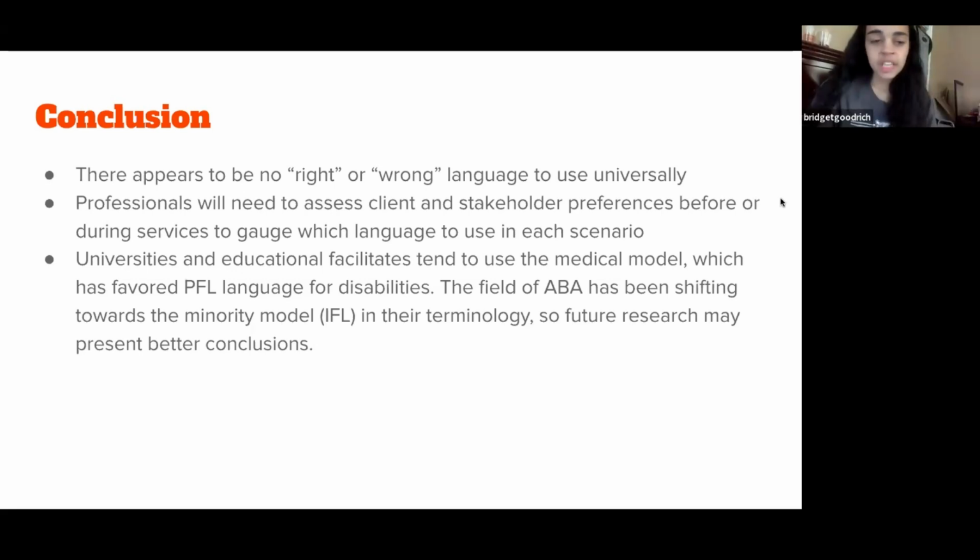So just to wrap things up, we wanted to have a clear conclusion: should we be using PFL, or should we be using IFL? Based on our research and some personal experiences, we decided that the best conclusion was that there is no right or wrong answer, due to some of the conflicting results.